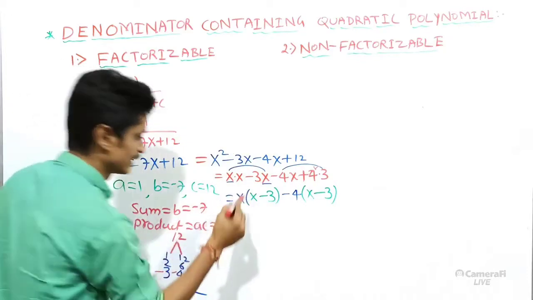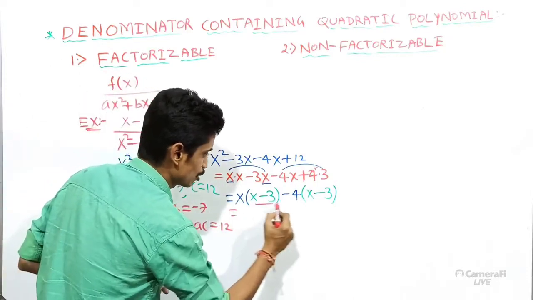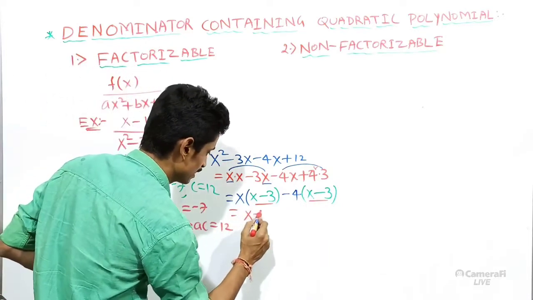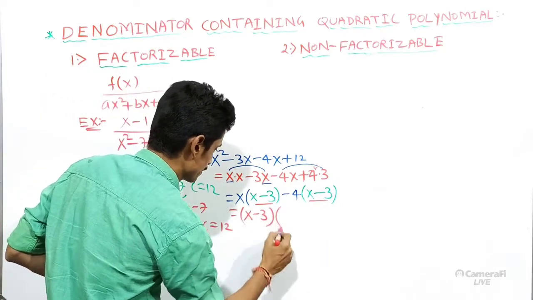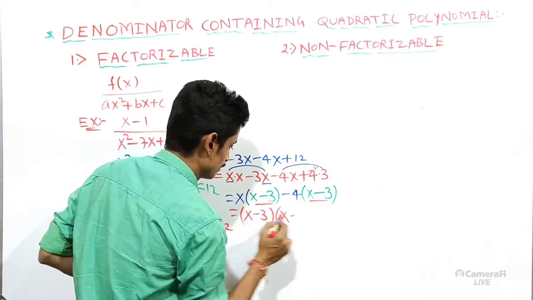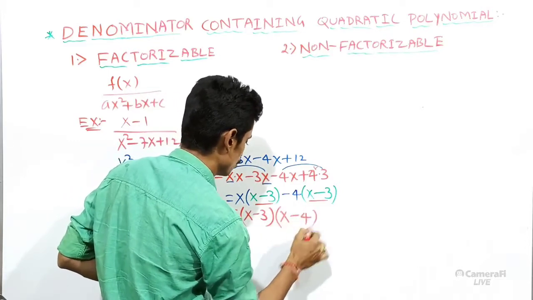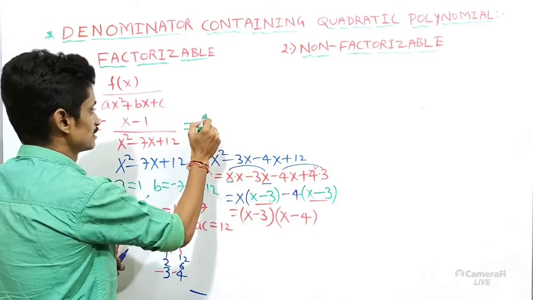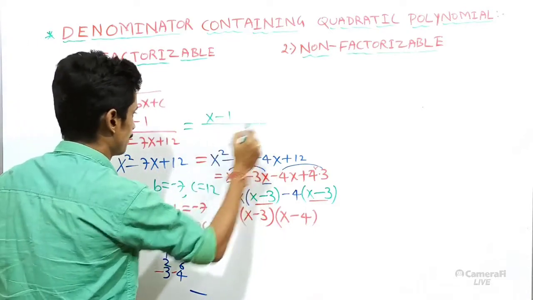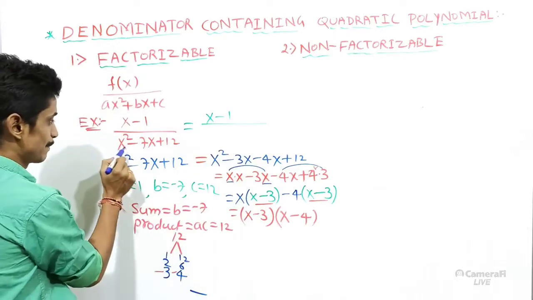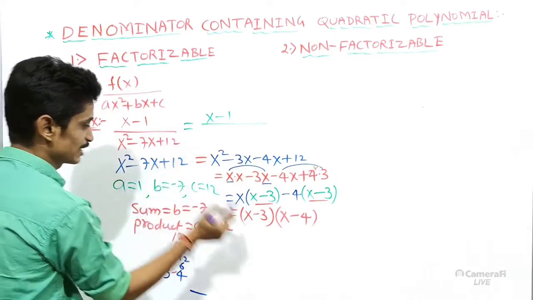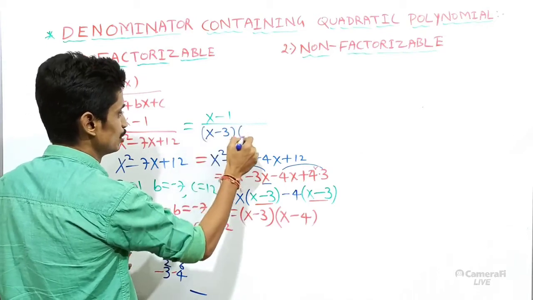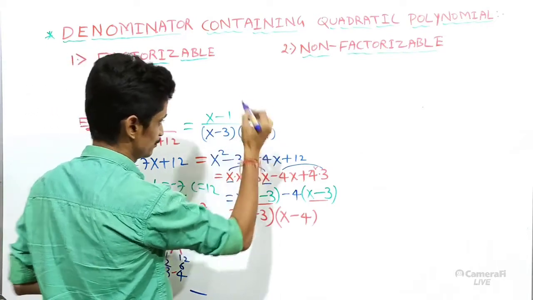Look at this one. Once again we have a common term, that is x minus 3. I will take x minus 3 common. What remains is x minus 4. So completely I factorized this one: x minus 1 upon x square minus 7x plus 12 is nothing but x minus 3 into x minus 4.